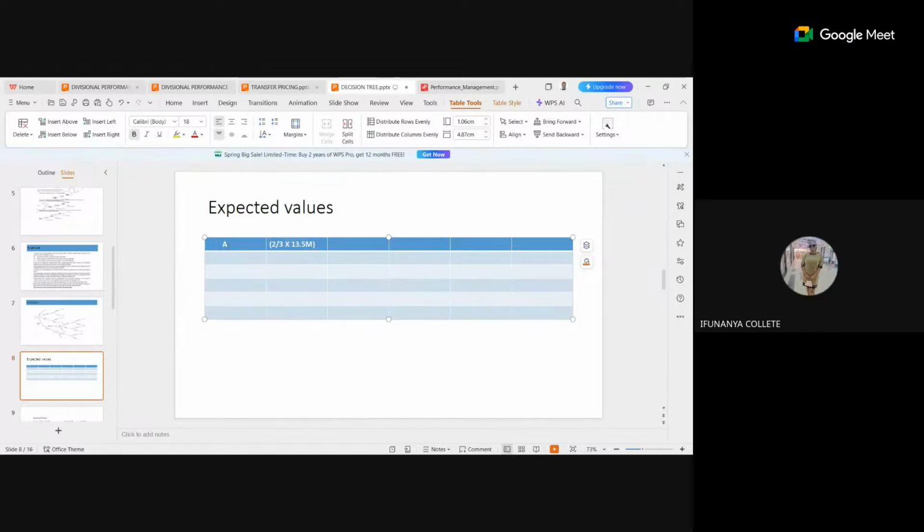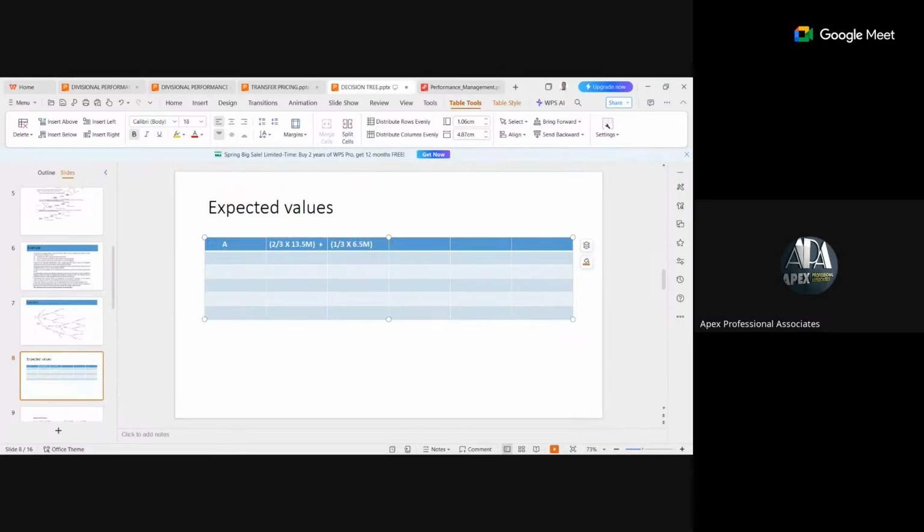If you're using 2 decimal places, or 3, you just be consistent with what you're doing. So plus 1 over 3 multiplied by 6.5.